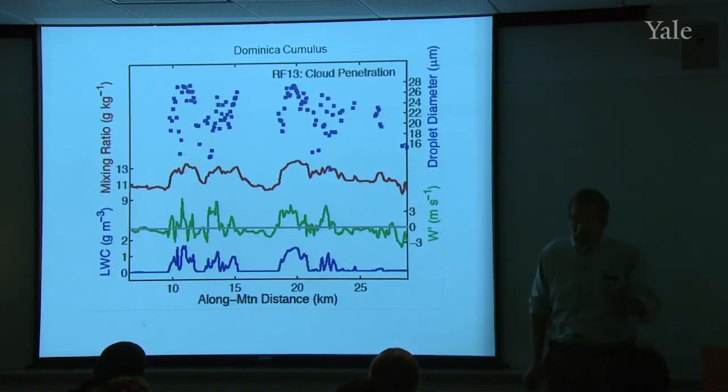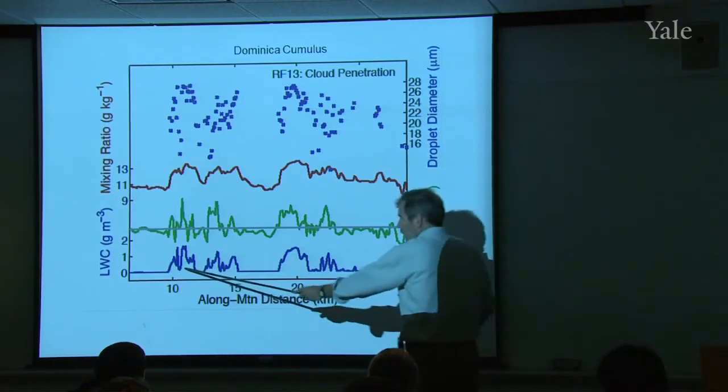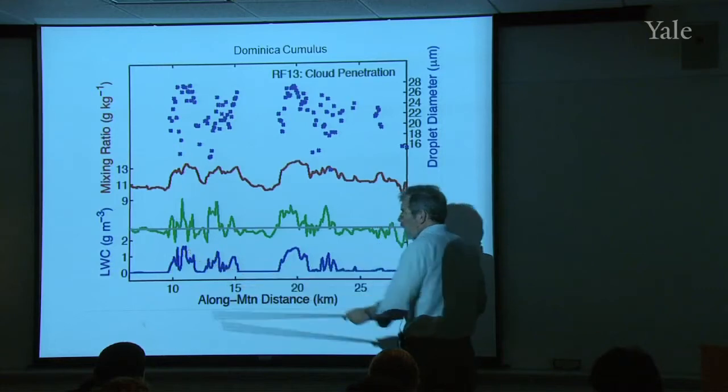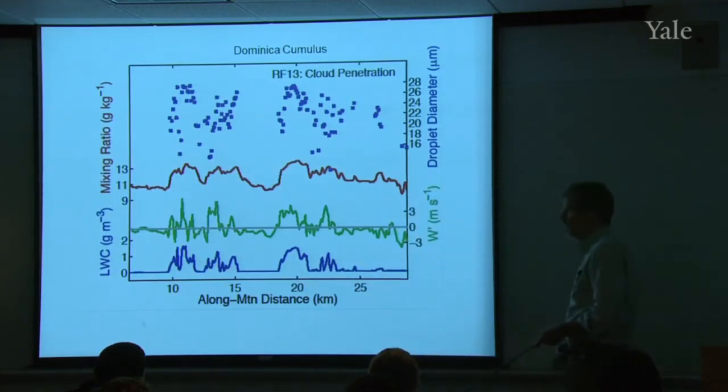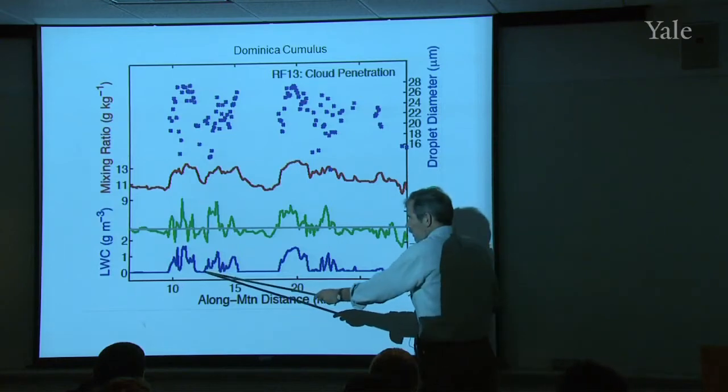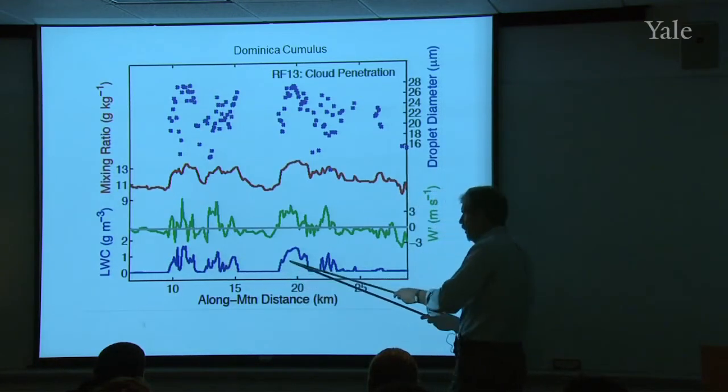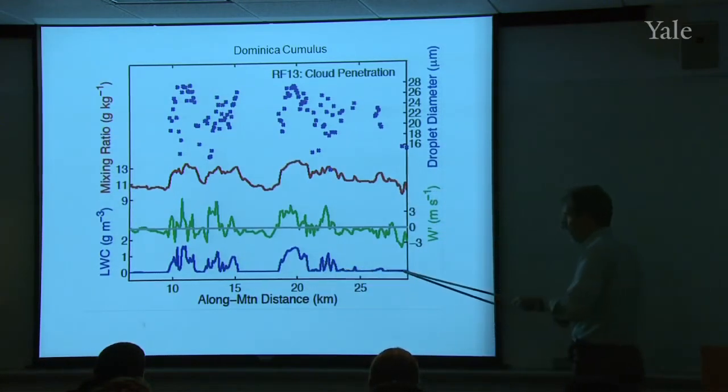A cloud is defined by its liquid water content. If there's no liquid water, you are not in a cloud. So we entered the cloud there. We had values of 1 to 2 grams per cubic meter of liquid. Then we're briefly out of the cloud, back into another one, out, in, and finally out.